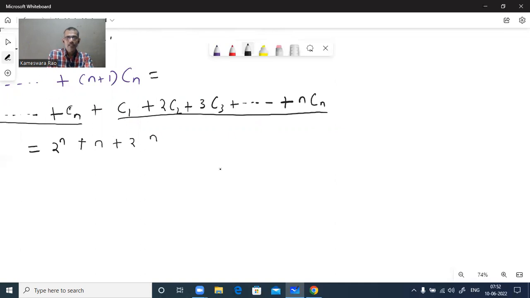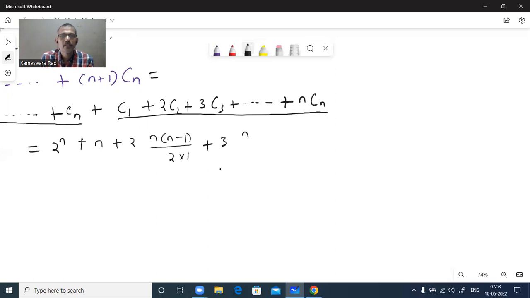For nC2, if you expand, you need not use the nCr formula. Here 2 is the r value, so we have to write 2 factors from n: n and its next factor, n minus 1. 2 factorial means 2 into 1. Next, 3 times nC3 is there.